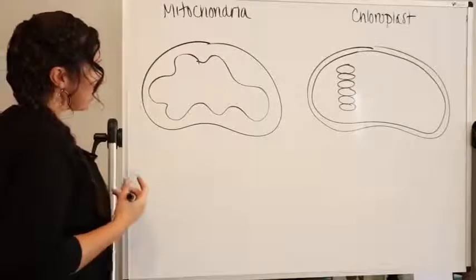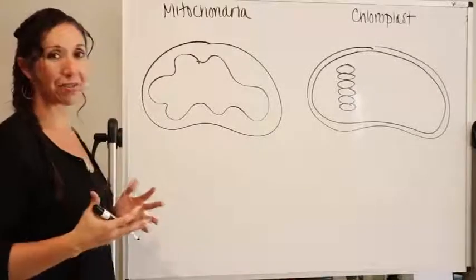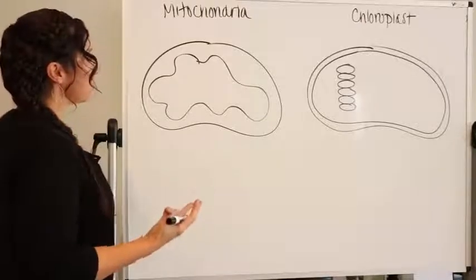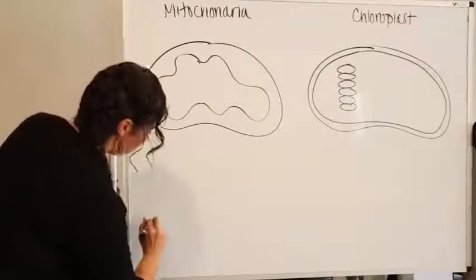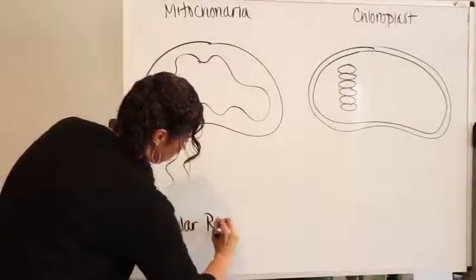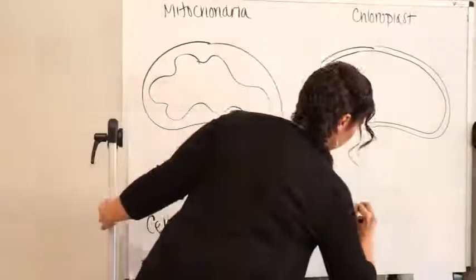So outside of the mitochondria and the cytosol, what's going on? What's the first thing, if you look back in your notes, the first stage of cellular respiration? So this would be cellular respiration on this side of the game, and this would be photosynthesis.